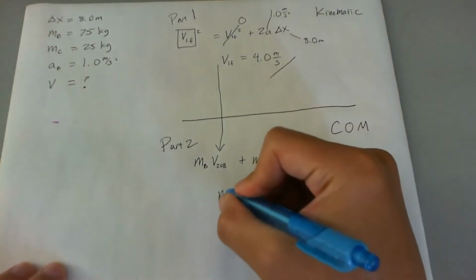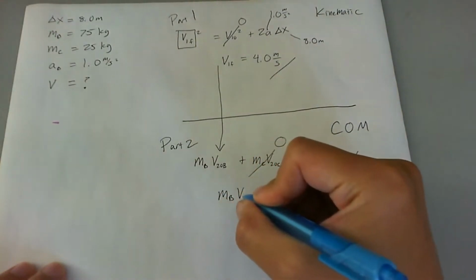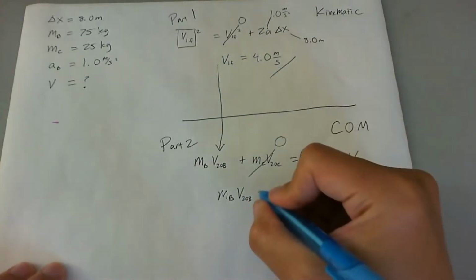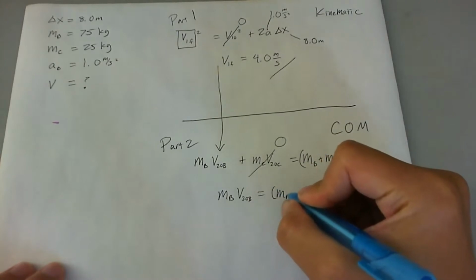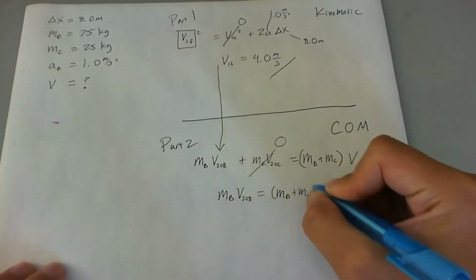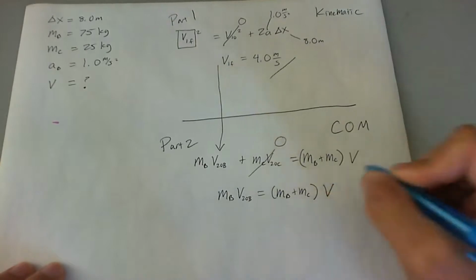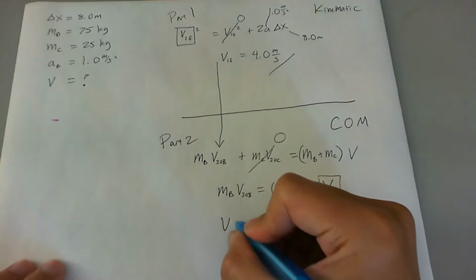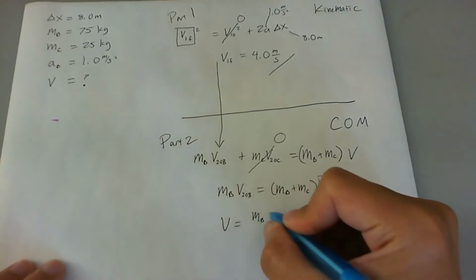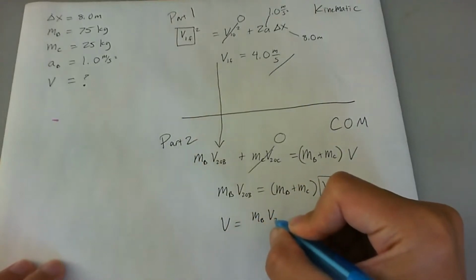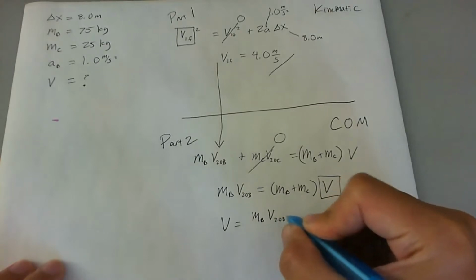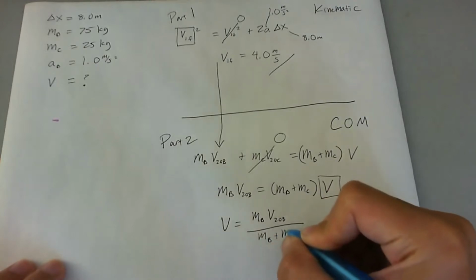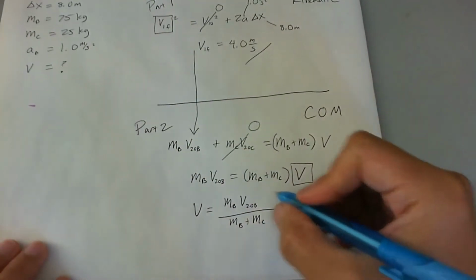So now we have the mass of Bob times the initial velocity of Bob equals the mass of the Bob-cart system times the final velocity, which we want to find out. So v equals the mass of Bob times the initial velocity of Bob, divided by the mass of Bob plus the mass of the cart.